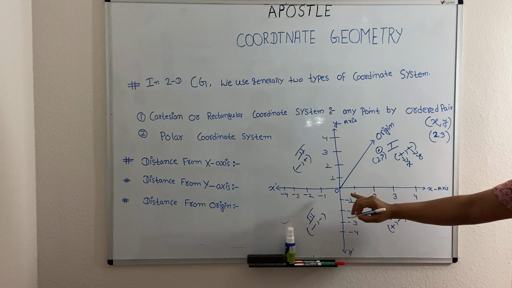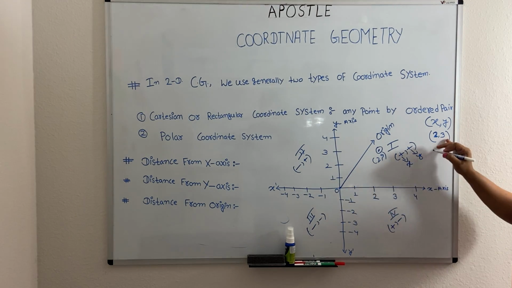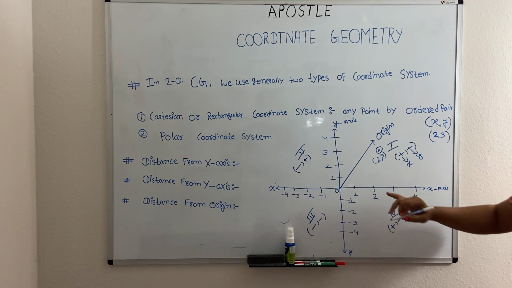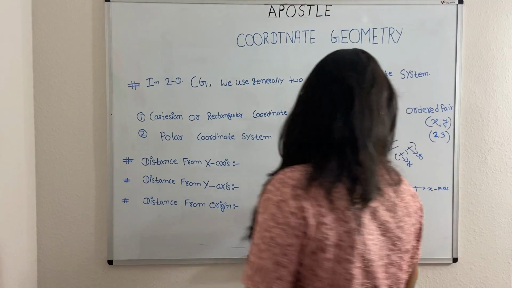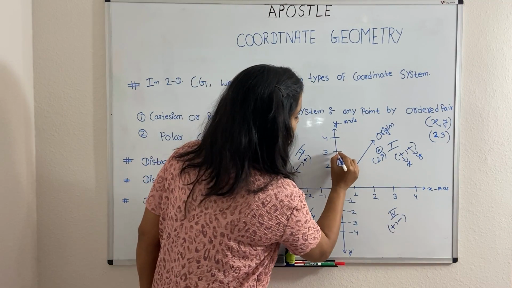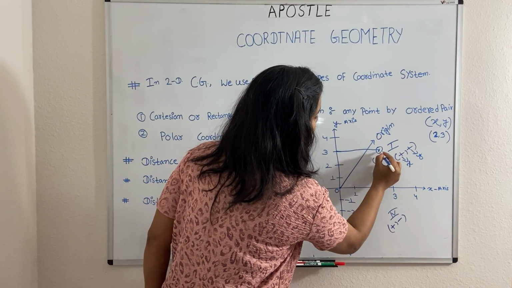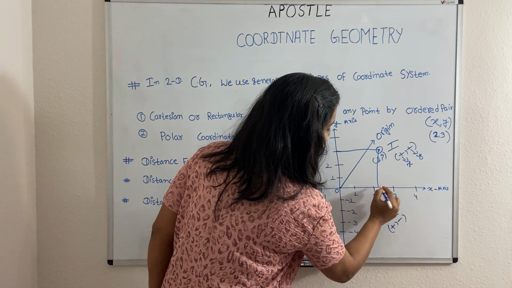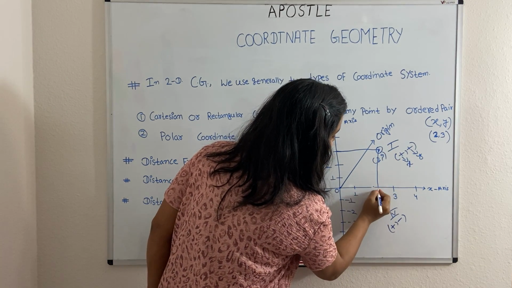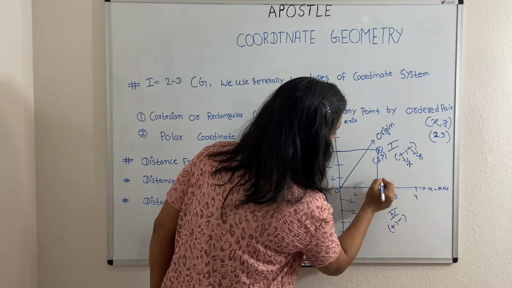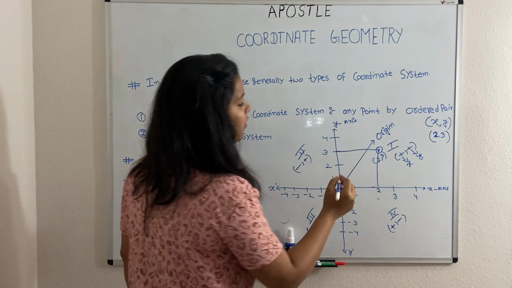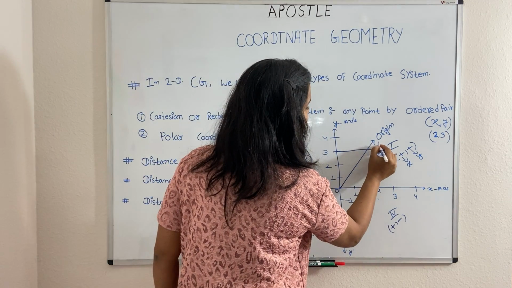That means 2 units from the y-axis and 3 units from the x-axis. Now we give this point the name P.